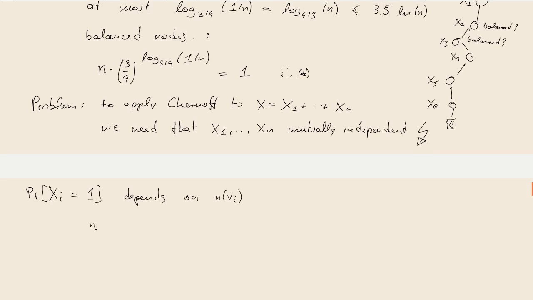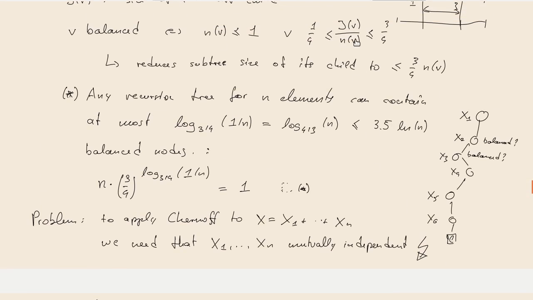Okay, let's look at a few small examples. Say we have a node with 4 elements. Then what we require is that j divided by n is in [1/4, 3/4], with less or equal.